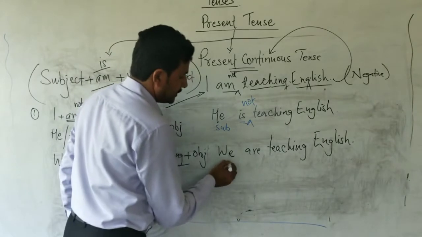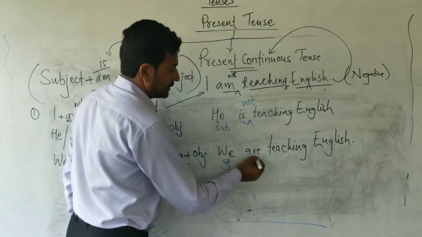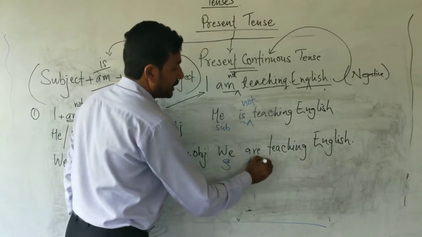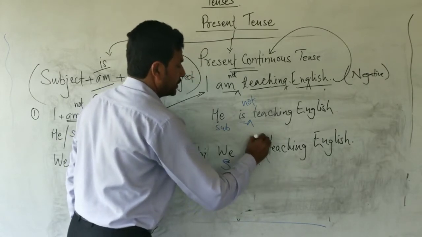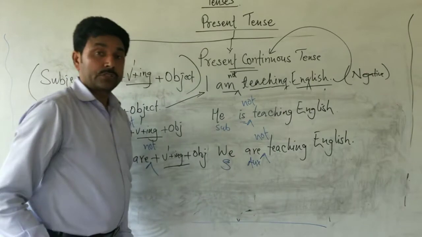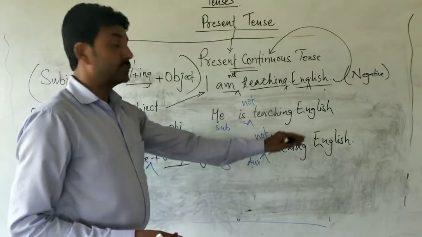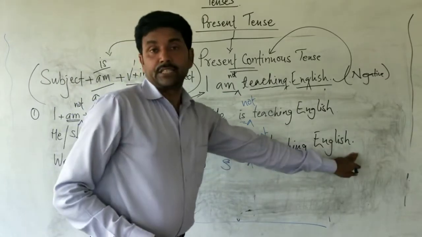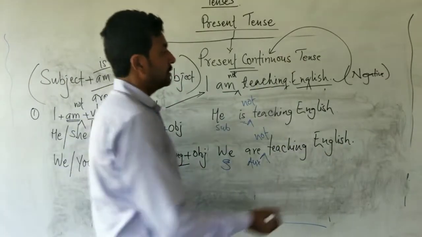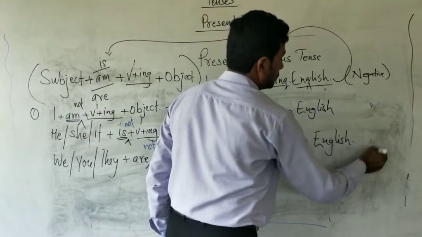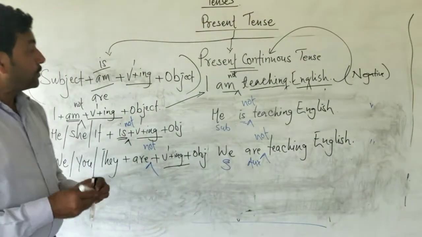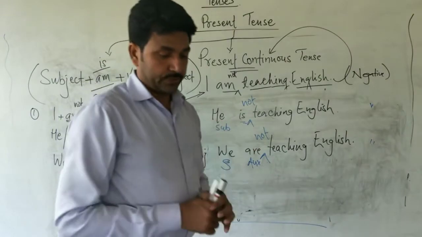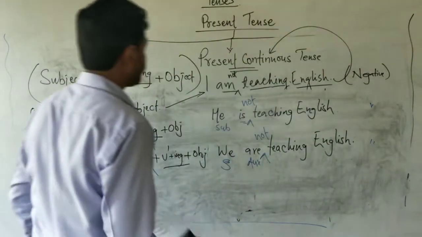Here is the subject, this is the helping verb, auxiliary verb, and after these only you have to use not to make it negative. So the sentence will become like this: we are not teaching English, right? So all these are negative sentences.